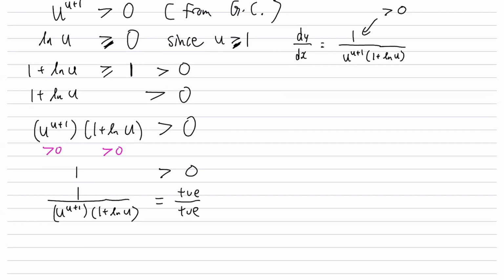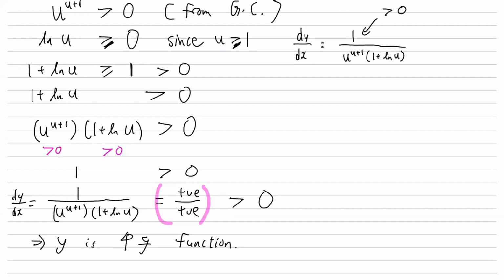This is not actual official working, you don't write it down. Just conclude straight away. This is just dy by dx, and because dy by dx is more than 0, this implies that y is an increasing function.